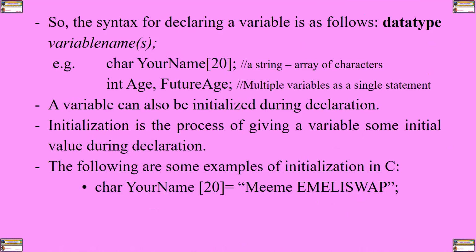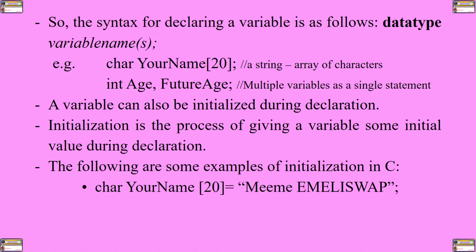For example, if you have set the memory location aside called yourname, as we have seen, and it's of type char, whose maximum number of characters should be 20, you can assign text into it, as you can see. So this statement performs a number of activities.